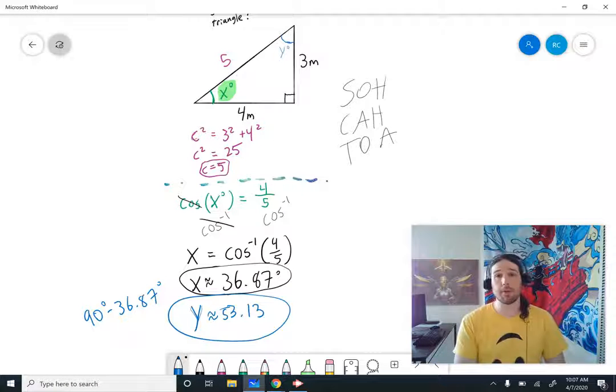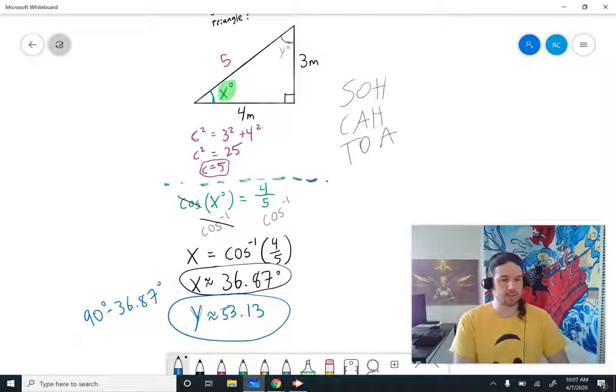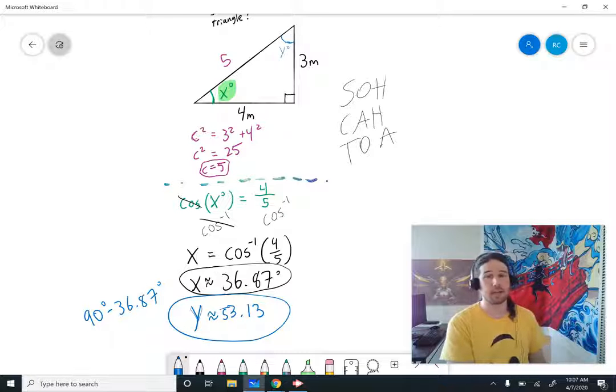So there's an example that involves having to solve for an angle using arc cosine. I'm probably going to do another video soon specifically about arc sine, arc cosine, and arc tangent, and really digging into how they work. But it really isn't anything more complicated than what I've already said. It's just an undo button on sine, cosine, and tangent, right?